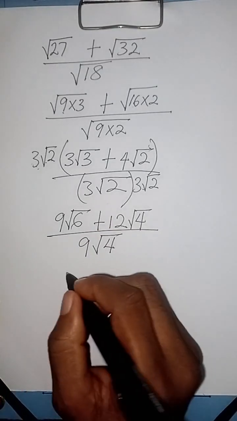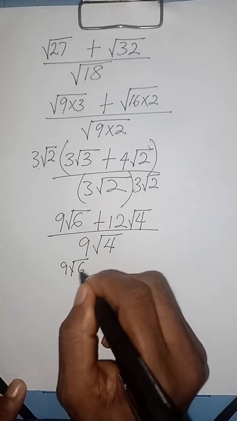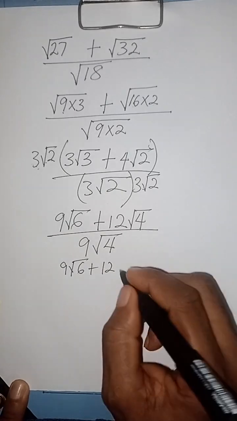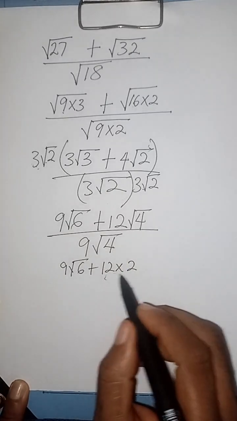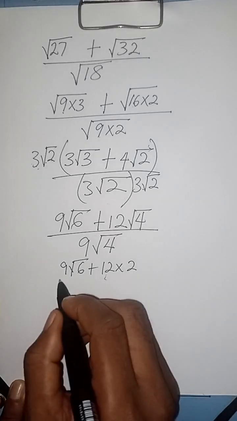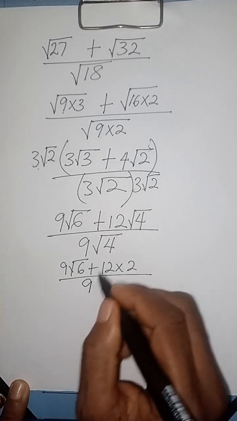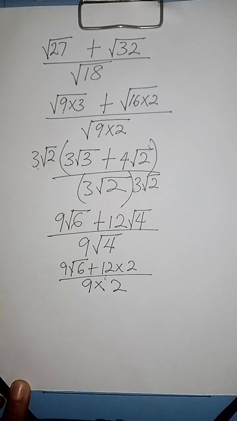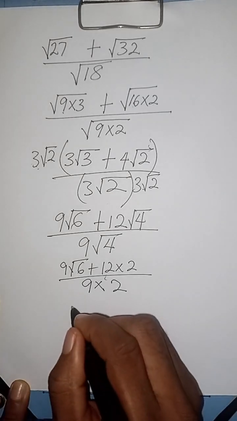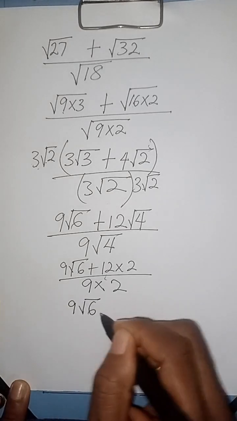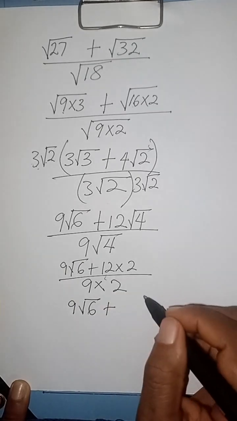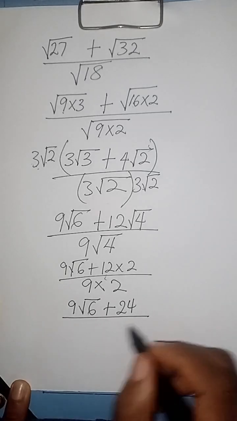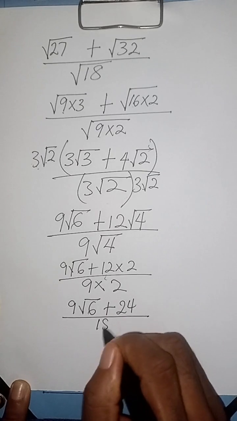So this will be 9 root 6 plus 12 root 4, over 9 root 4. Now you can get the square root of 4. Square root of 4 is 2. So the final answer will be 9 root 6 plus 2 times 12, which is 24, divide 9 times 2, 18.